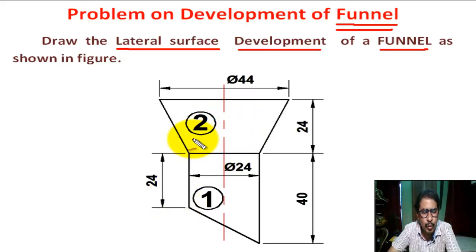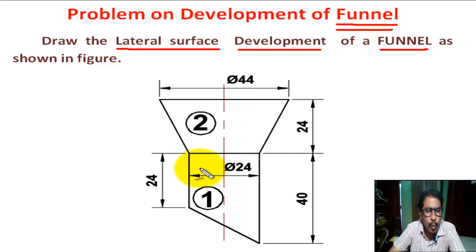In part 2, the base of the cone diameter is 44, and the height of the upper base and the cutout portion is 24. This diameter is 24. Okay.